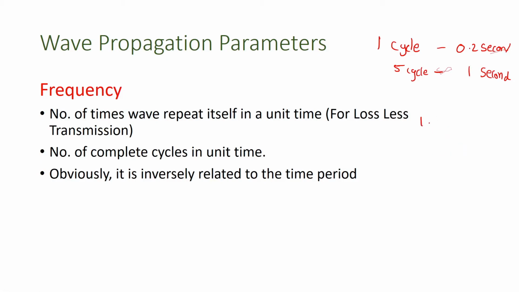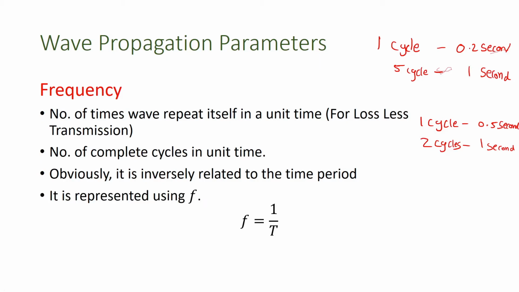Similarly, if a body takes 0.5 seconds, then in 1 second it can complete 2 cycles. The relationship between the time period and frequency of a wave is f equals to 1 by capital T.